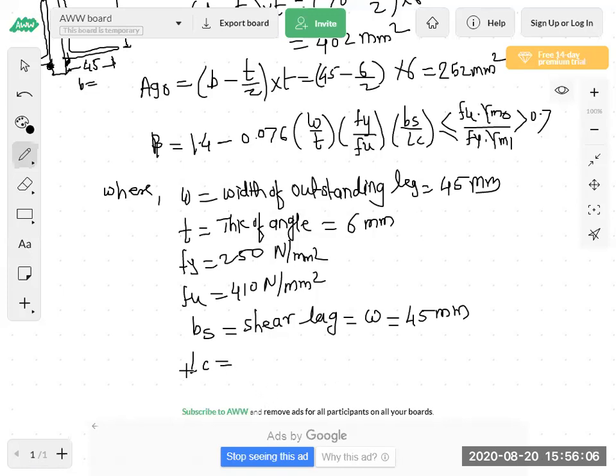At that time, for the welded connection LC is equal to L1 plus L2 divided by 2. It means average length of weld.